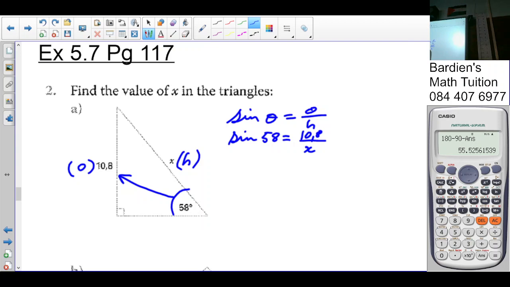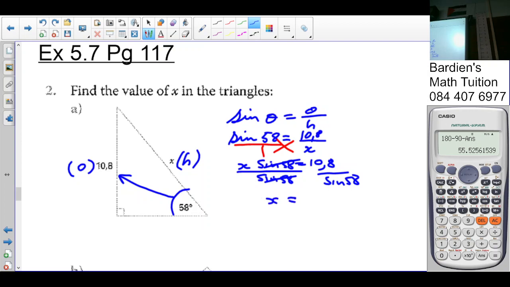Okay, so what do we do? Cross multiply. So that would simply be x sine 58 equals 10.8 times 1, which is 10.8. So how do I get x on its own? You divide by sine 58. That cancels.